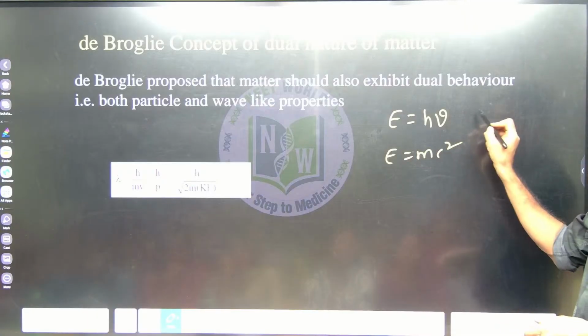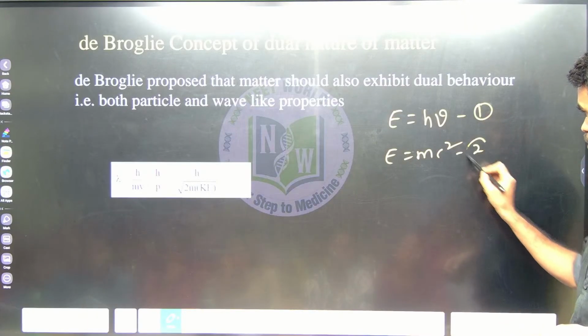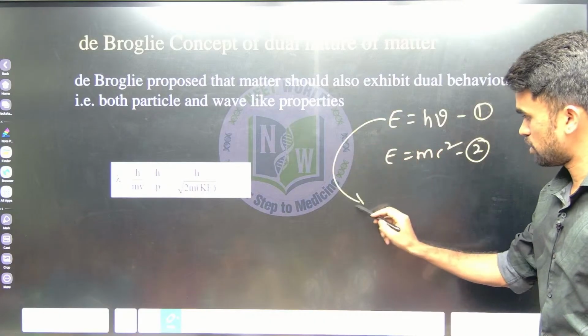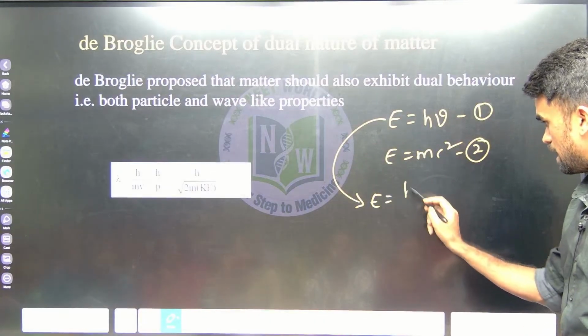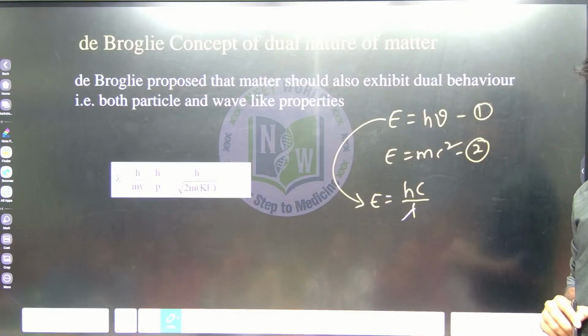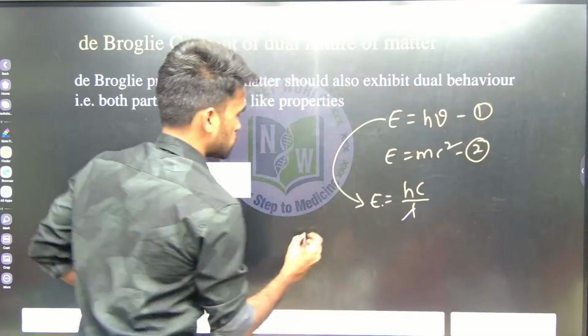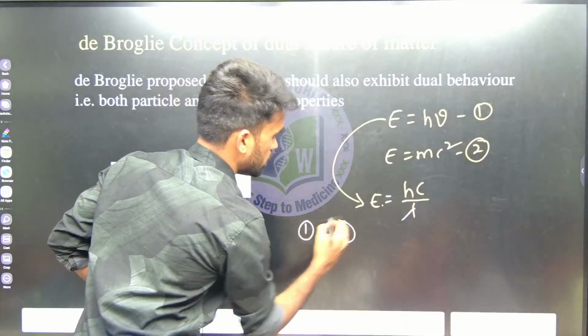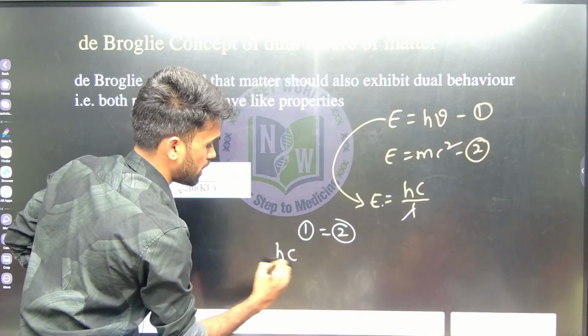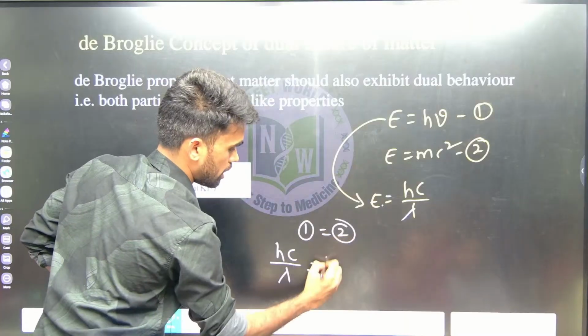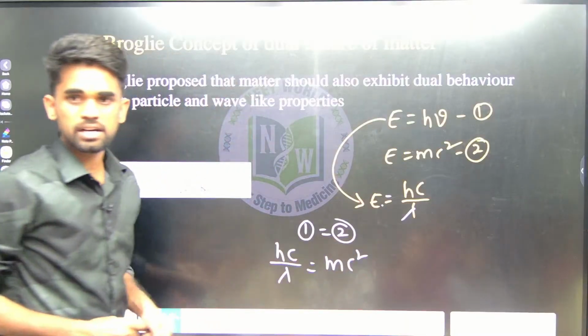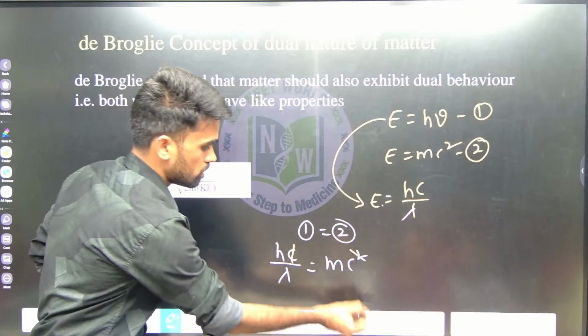This is equation 1, this is equation 2. From equation 1 I can write E is equals to hc by lambda also. This is energy, this is also energy. Now if I say 1 equals 2, then hc by lambda is equals to mc square. So c you can remove. Now what is the remaining thing?